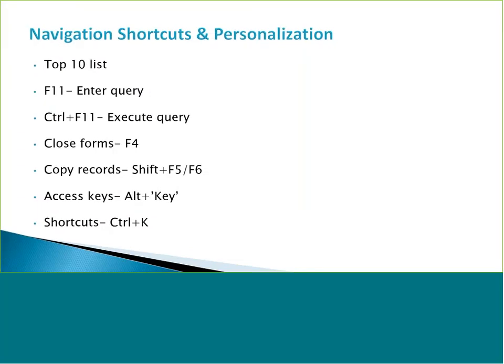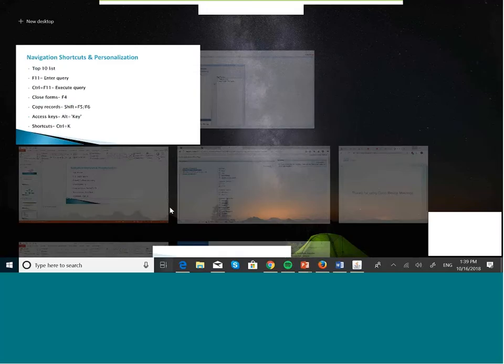Now, the last one, which is perhaps the biggest one, is just Control K. And once you use Control K, you will see all the other shortcuts available to you, which I have not put on this introduction video.